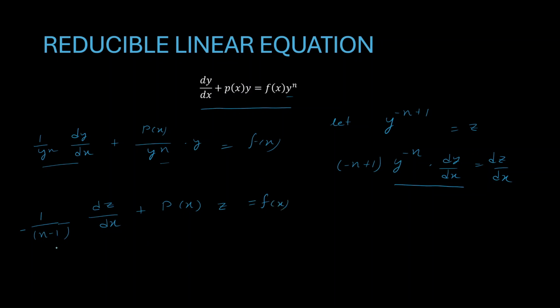Now if we multiply both sides by n minus 1, then we get dz/dx can be written as minus of n minus 1 P(x) z is equal to minus of n minus 1 of f(x).